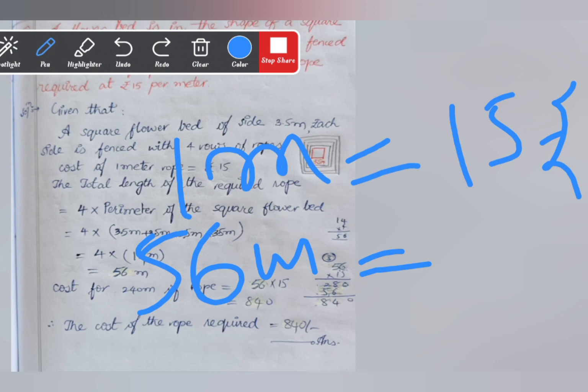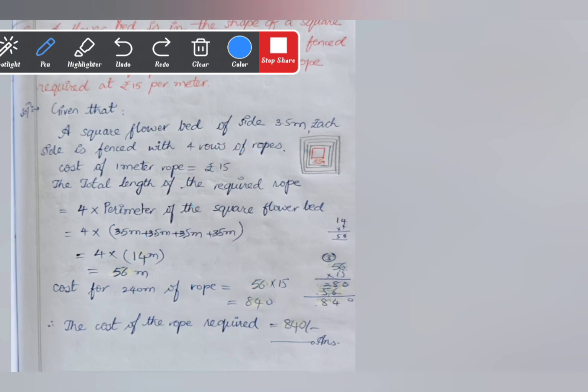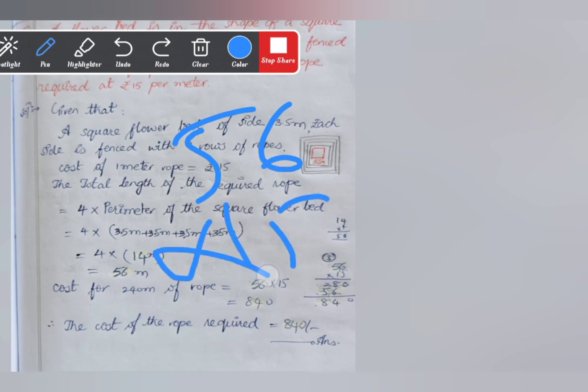कौन सा ऑपरेशन यूज करना यहाँ पर अपन? प्लस माइनस इंटू डिवीजन. इंटू 1 मीटर Multiplication. Yes. So 15 into 56 करना है. Okay, 15 into 56.